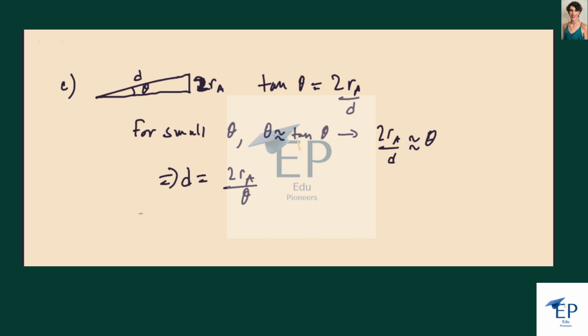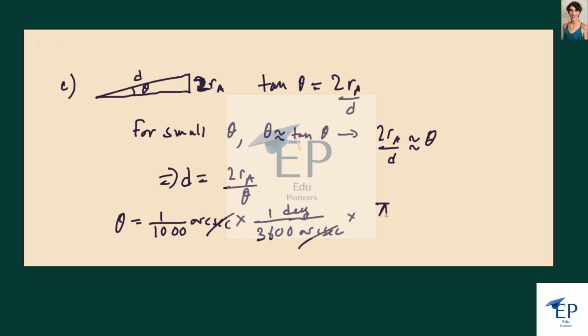Now, theta is a whole beast in itself. It's 1 milliarcsec, so 1/1000th of an arcsecond, times, an arcsecond is 1/3600th of a degree. So 3600 arcseconds in 1 degree. That cancels out the arcseconds, but we want it in terms of radians. So remember, 180 degrees has pi radians in it. Okay?